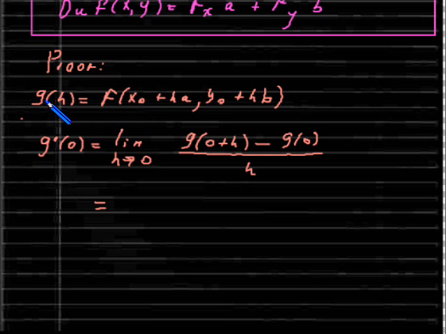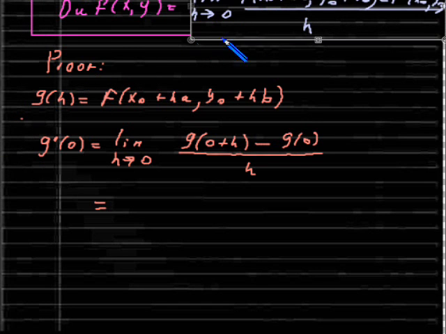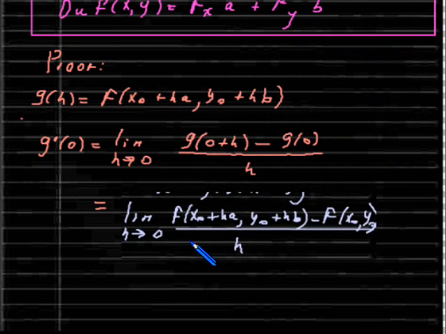So the derivative of this function, we know from the past, is equal to the limit, as h approaches 0, of g of 0 plus h minus g of 0 over h. But this expression over here is actually nothing but this expression.